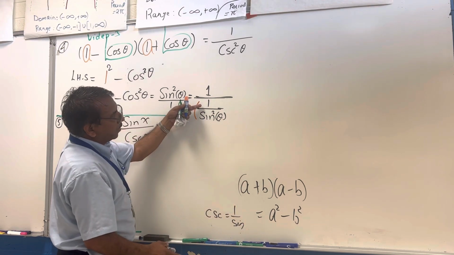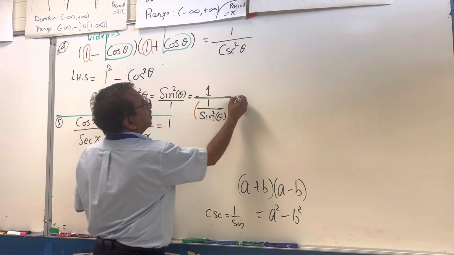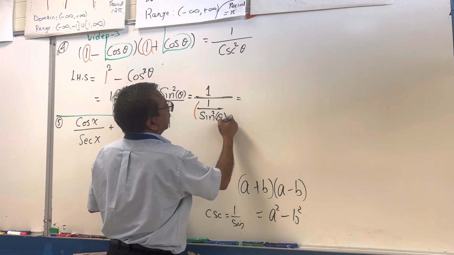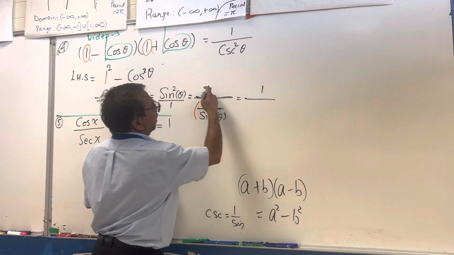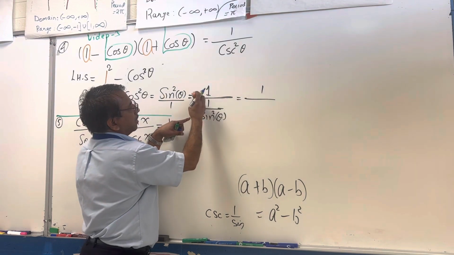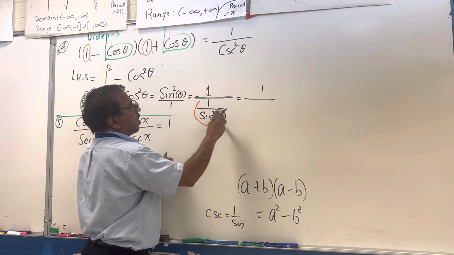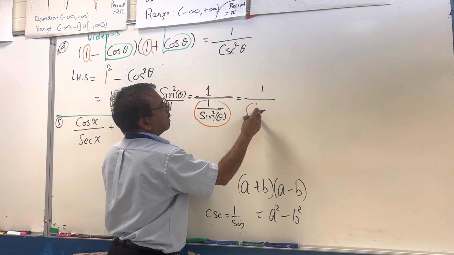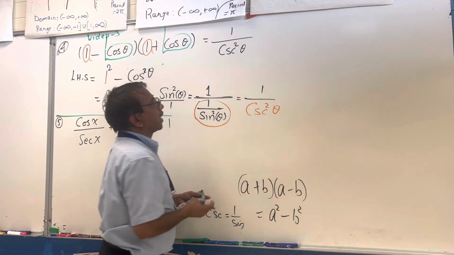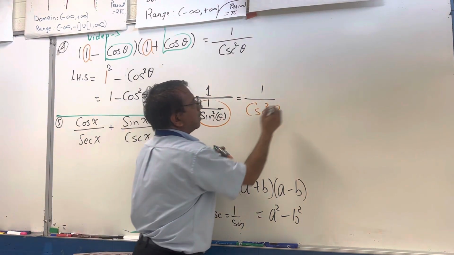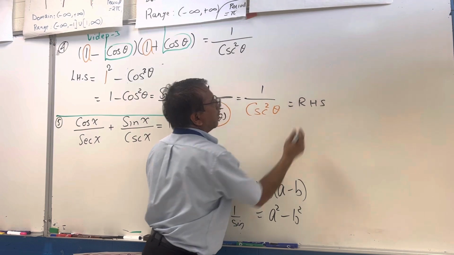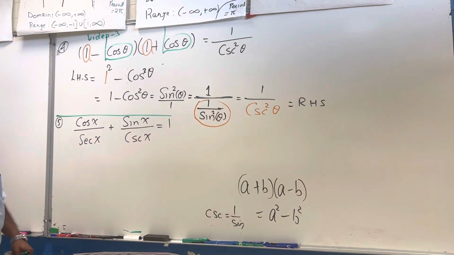So if it is 1 over sine square, 1 stays the same, and the denominator will be cosecant square of theta, and this is the right hand side, and that's all it is.